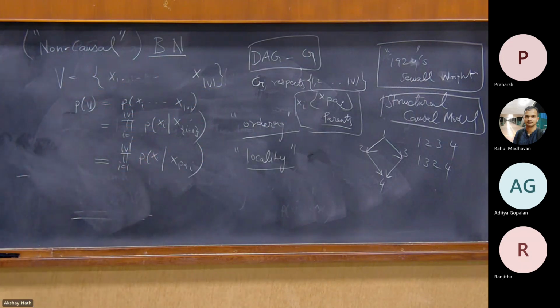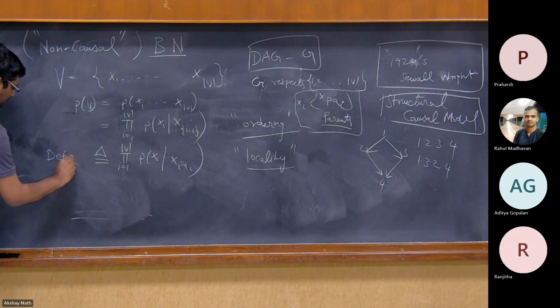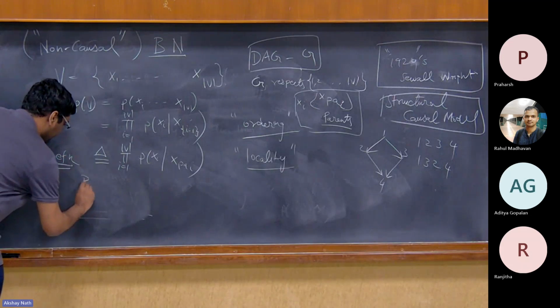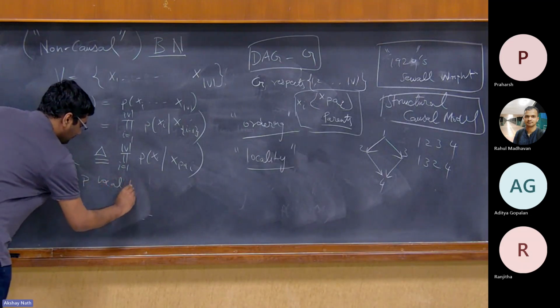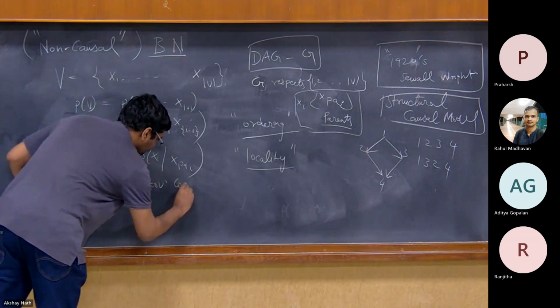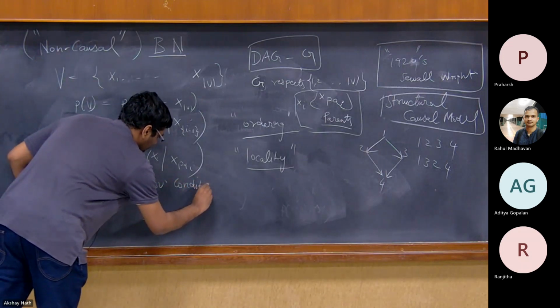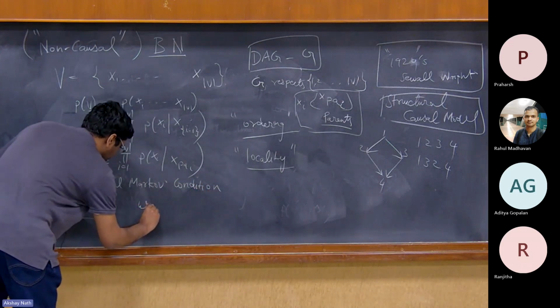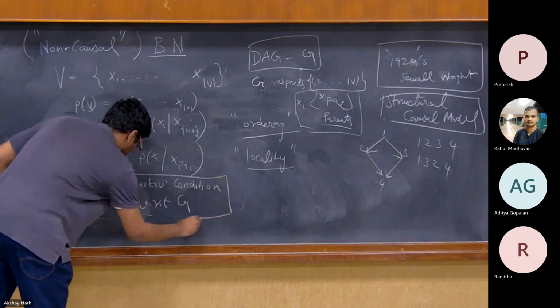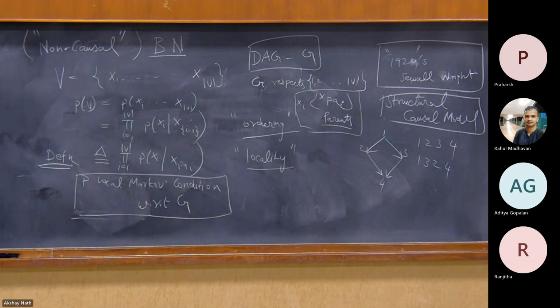Okay. Now, if this happens, this is a definition. There's no proof over here. This essentially means that P satisfies the local Markov condition with respect to G. Okay.